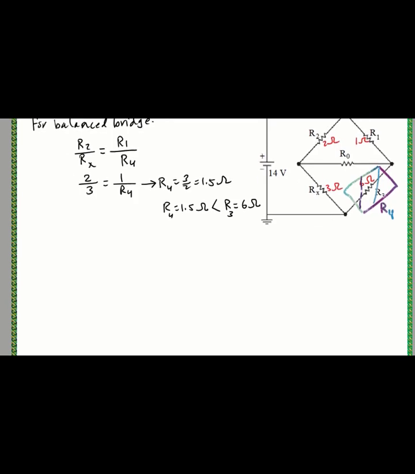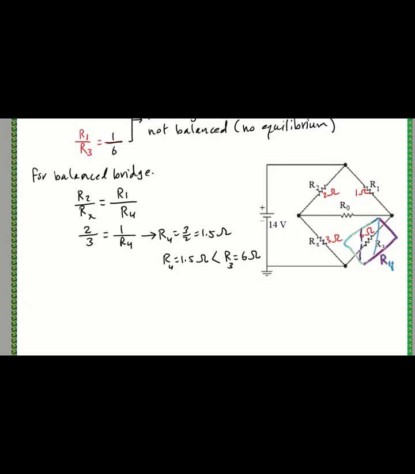So if you want to reduce the resistance between these 2 points, C and D, we have R3 with 6 ohms, and we want to reduce it. The connection should be in parallel, because in parallel we have a resistance less than the resistor in the circuit.